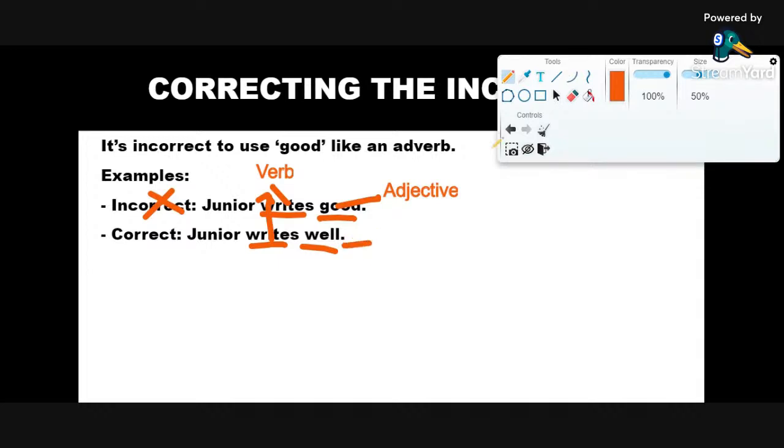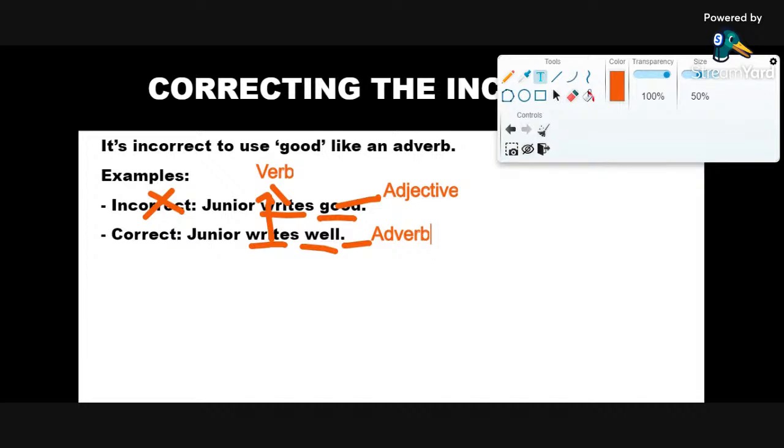And then, well is an adverb. And what is the implication of this? It implies that an adverb is suitable for describing a verb.